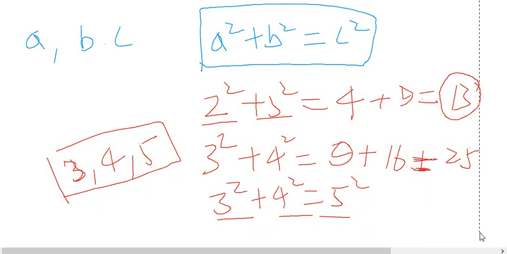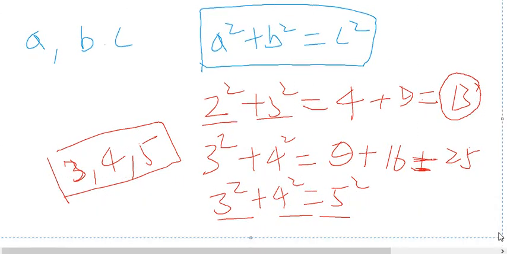There are lots of triplets. So if you want to find one Pythagorean triplet, you just have to see one general formula. Let's say we have any number m, for any number m greater than 1, where m is a natural number.